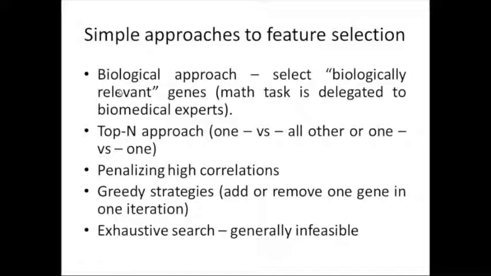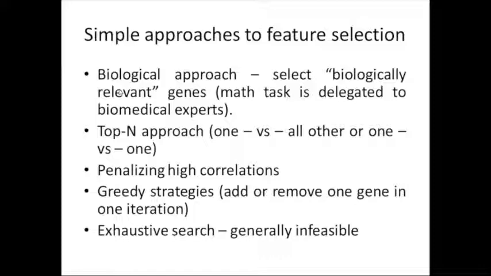One method to address correlations is to use a very simple greedy strategy. That is to make an exhaustive analysis of individual genes and to select one best gene, for example, to select a gene with the highest level of differential expression. Then to fix this gene and to perform the next exhaustive analysis to analyze all pairs of genes with the first gene selected and to select the best pair.